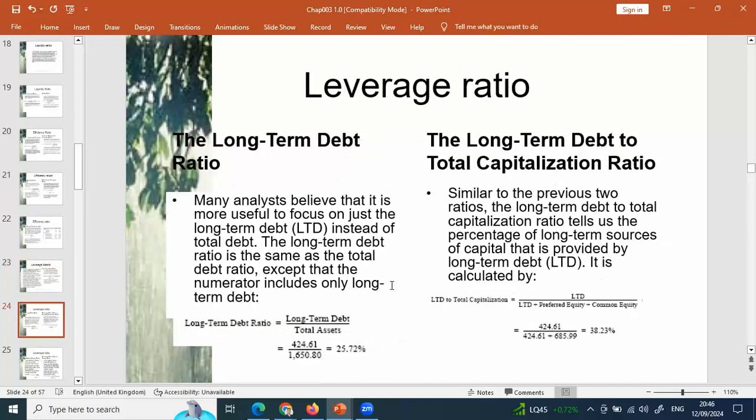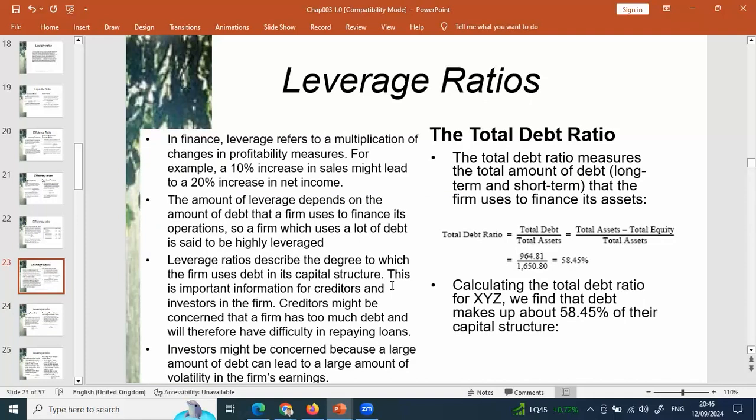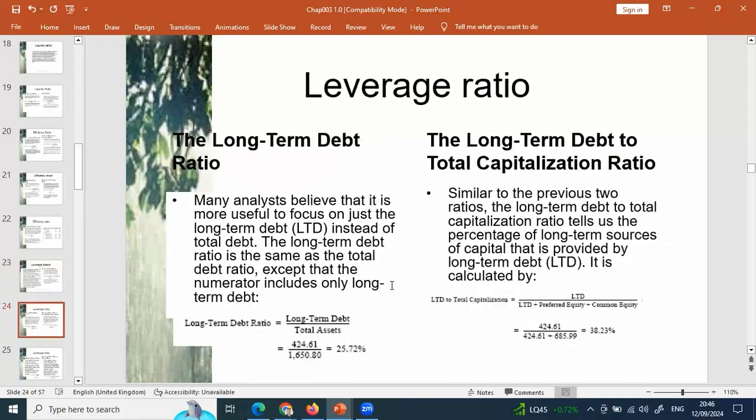The debt to asset ratio is total debt divided by the total asset. So how many percent is the debt towards the asset? Leverage is to calculate the debt, long-term debt divided by asset.